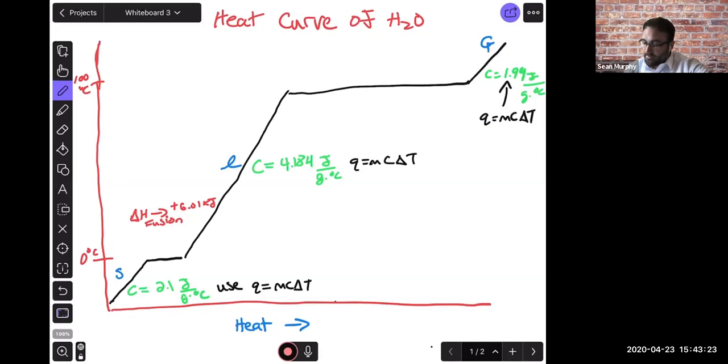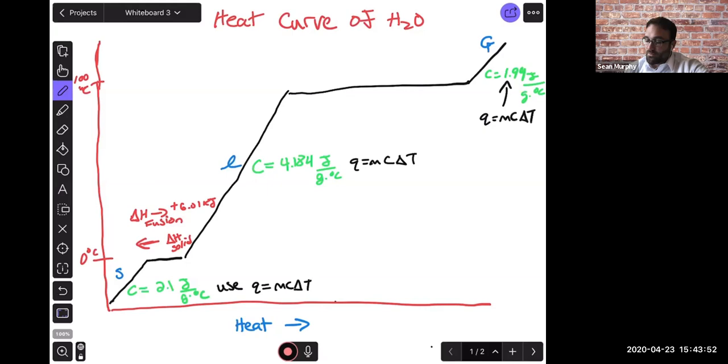Conversely, if we go the opposite direction, right to left, it has a different term, because we're forming a solid. Therefore, it is delta H of solidification.